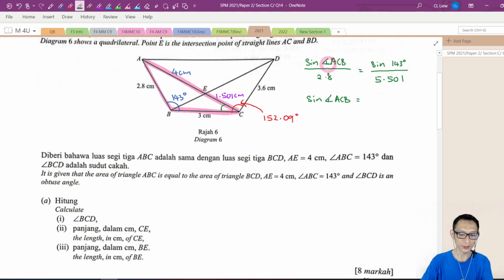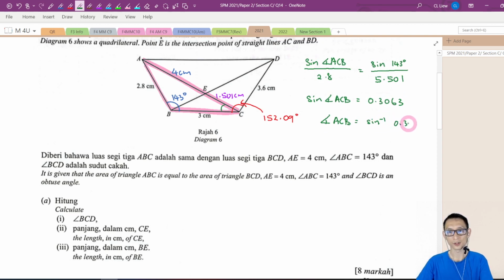Just press your calculator: sine 143 divided by 5.501 and times 2.8. I round off to 4 significant figures, 0.3063. And angle ACB is equal to sine inverse of 0.3063.